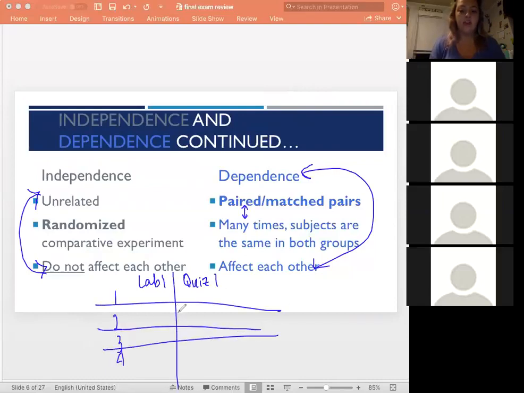The subject is going to be the same in each one, because this is both for subject 1, but the pairs between lab 1 and quiz 1, and you're trying to see if they affect each other and in what way. So they're dependent upon one another because you're predicting that someone's lab 1 score impacts their quiz 1 score or something like that. So that's what we mean by it might be the same subject in both groups there.